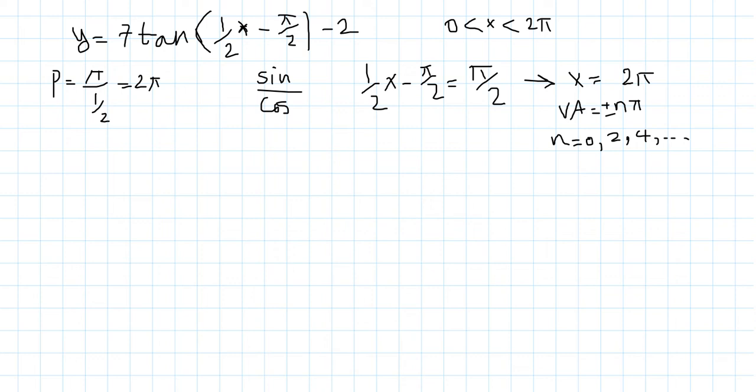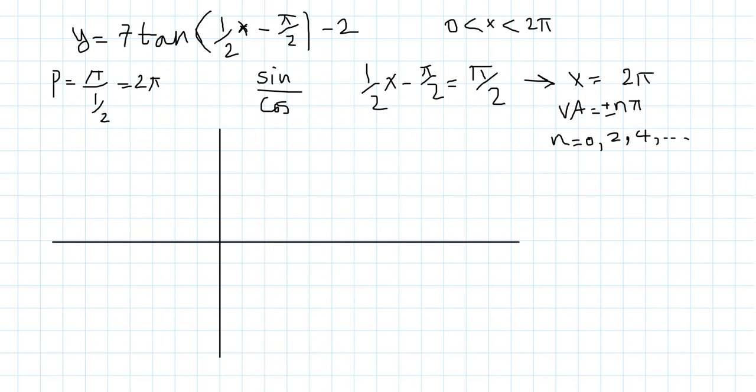So my first asymptote starts from 0. And it said draw it between, so my first asymptote is at x equals 0. The second asymptote is at x equal 2 pi. No need for more. Till here is enough.